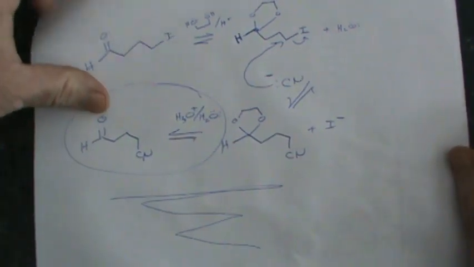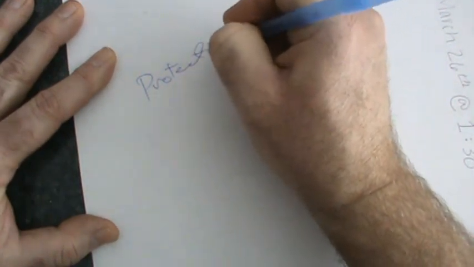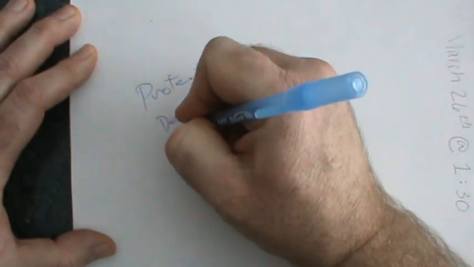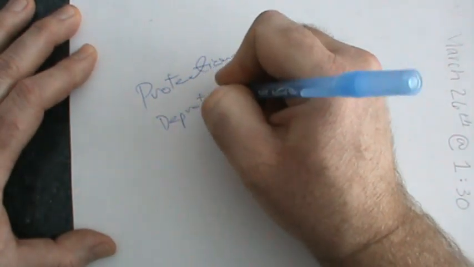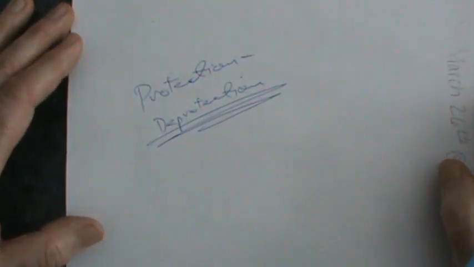We call this type of process where you protect a functional group, we call that protection. And then later on, when you want to take off the protecting group, we call that deprotection. So what we've just done is we've seen an example of a protection deprotection sequence, and these are the types of sequences which are used routinely in organic synthesis.